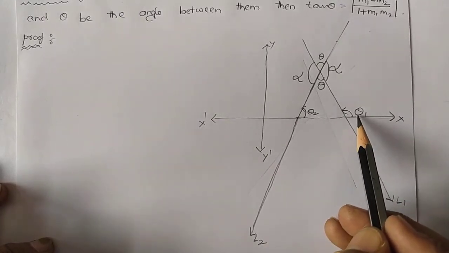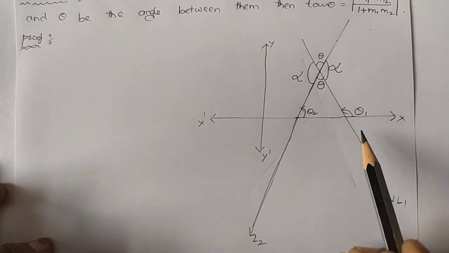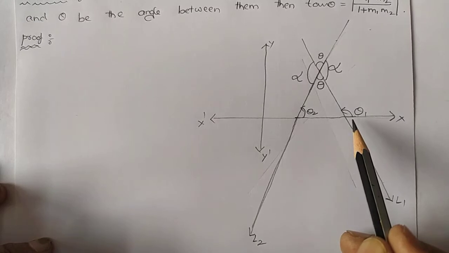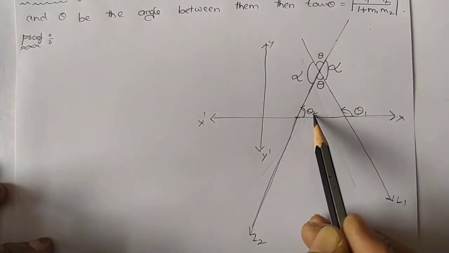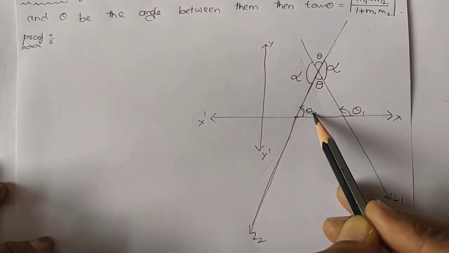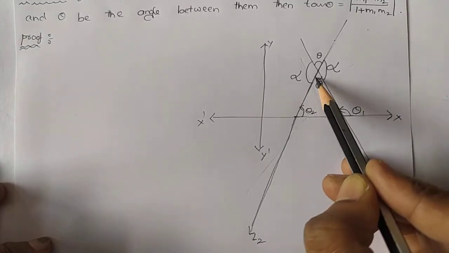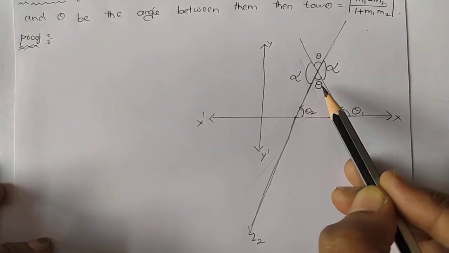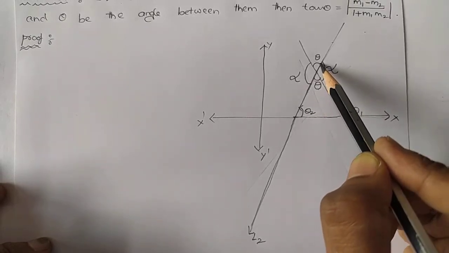Line L1 makes the angle theta 1 along the positive direction of the x-axis, and line L2 makes the angle theta 2 along the positive direction of the x-axis. This is the angle theta, and the opposite angle is also theta.